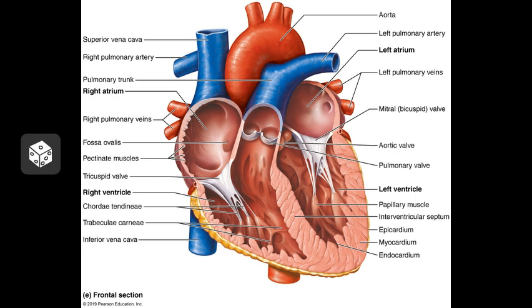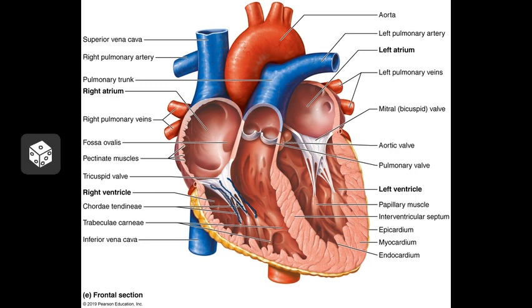Let's take a look at the ventricles next. Some interesting things. Again, these are connective tissue valves, and the valves are kept open during the passive time of the heart by chordae tendineae.